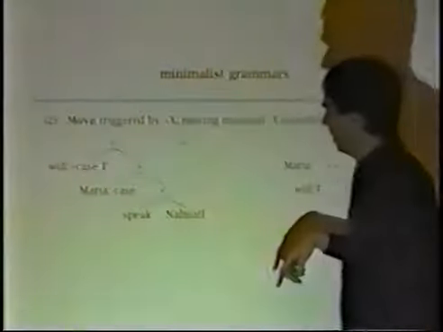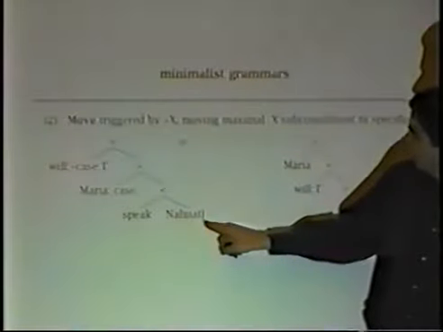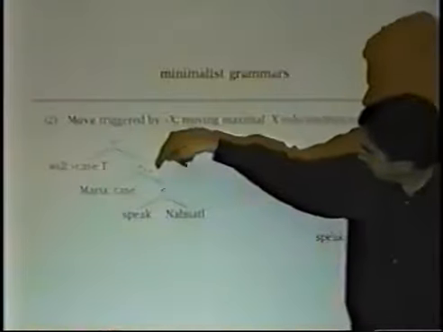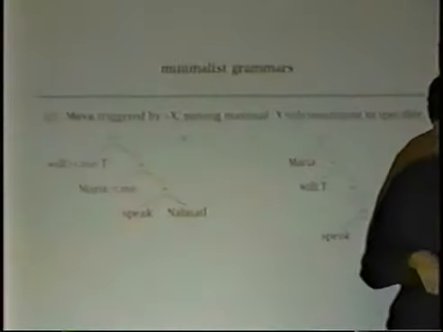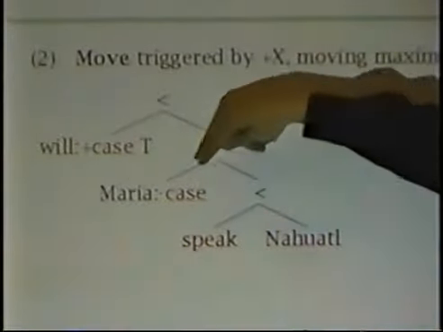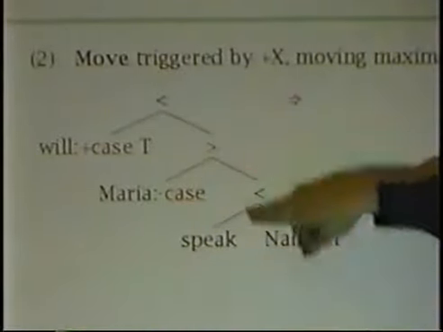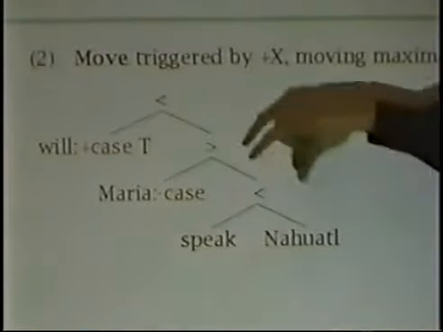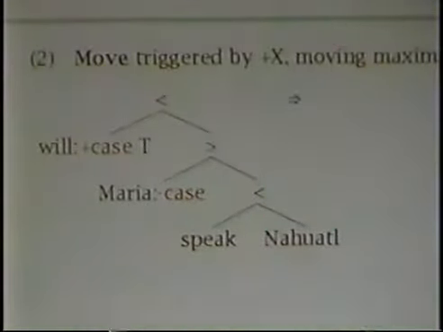Notice, speak Nawa has speak as its head, but speak Nawa is not the phrase because there's a larger phrase here. Maria speak Nawa, that whole thing has speak as its head, and that is a phrase because there's no larger subtree that has speak as its head.